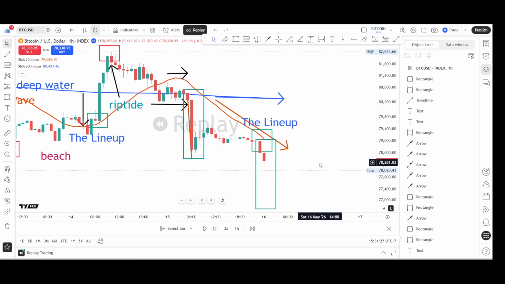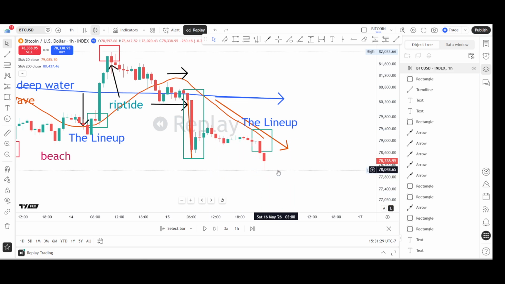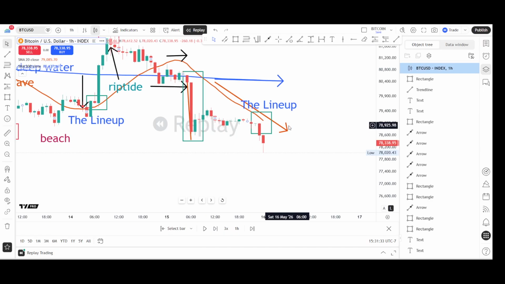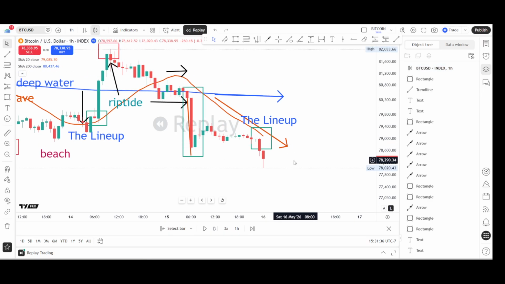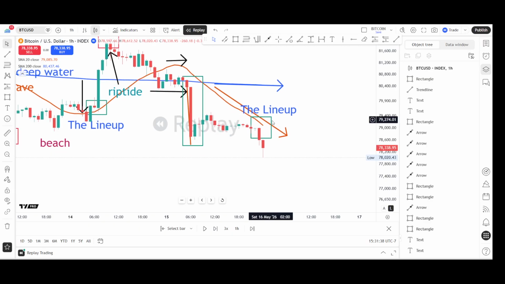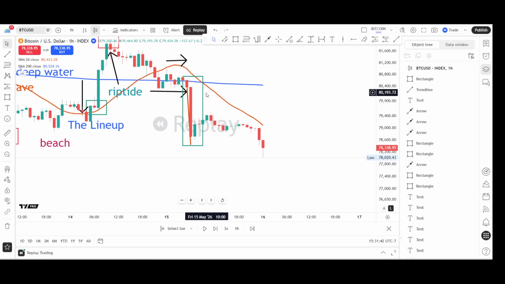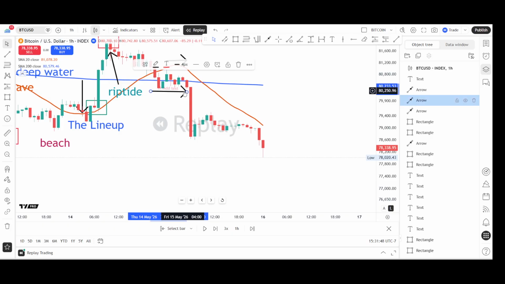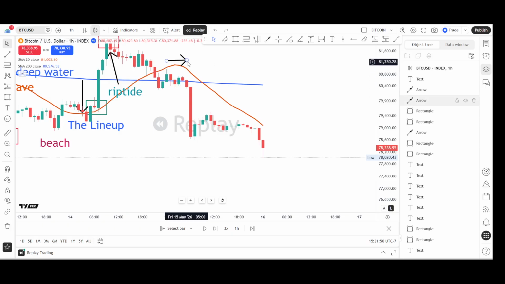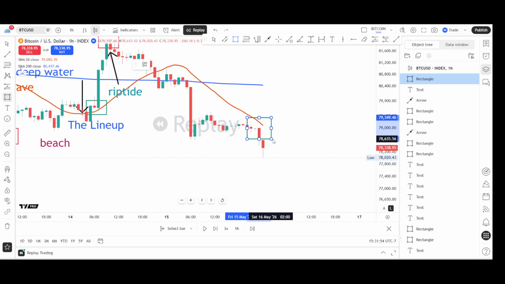Okay. In fact, if you want me to bring in my little pattern analysis, I don't even know what's going to happen right now. But if you wanted me to bring in my pattern analysis hat, let me move some of this, clear it up a little bit. We're talking about step one, surf where the waves are. But in terms of re-entry, this would be a legit re-entry right here, right there.